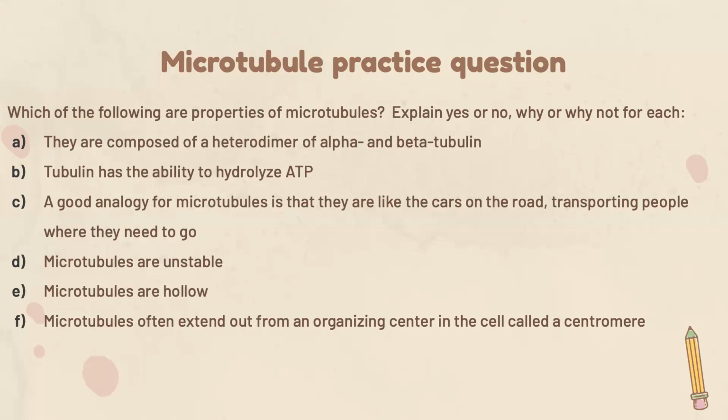The answer is yes. Tubulin is the monomer of microtubules. It is a heterodimer, which means it's composed of two different subunits, the alpha and beta subunit. They are different proteins and have a high affinity for each other, which means they don't dissociate.